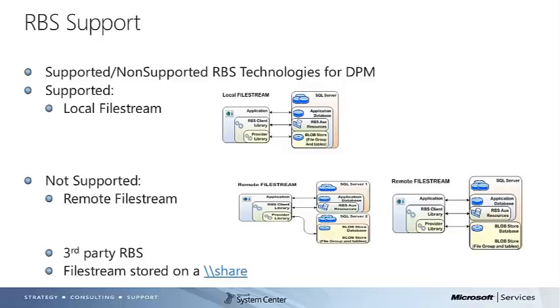So if they put it out and created a file share, put their blob storage on that share, then again, we're not going to be able to communicate. And this usually comes down to the ability of all the writers to communicate with each other and determine where the data is. So these are limitations on being able to protect a remote blob storage.